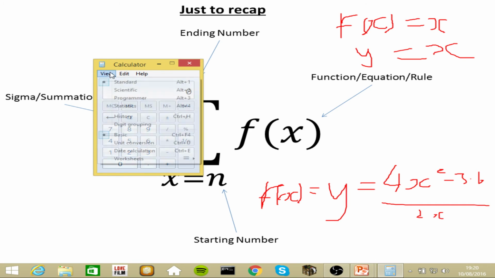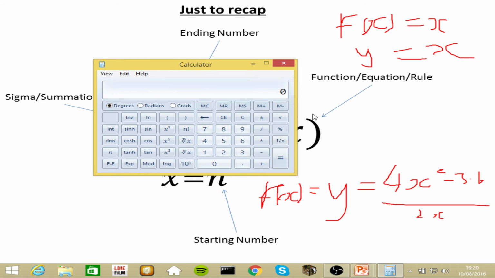So let me just get the scientific calculator out. 4 times 2 squared is 16, 4 squared basically, minus, so 16 minus 3.6 divided by 4, 3.1.